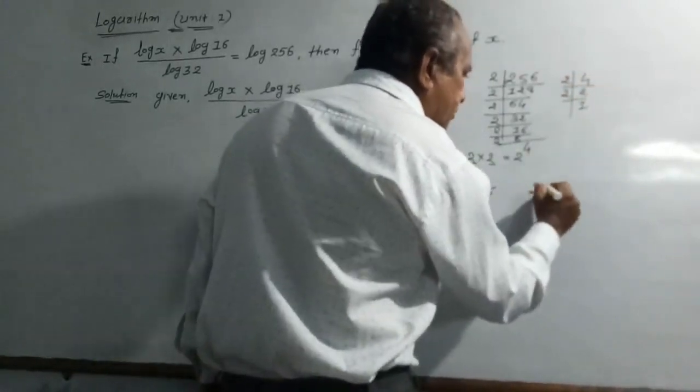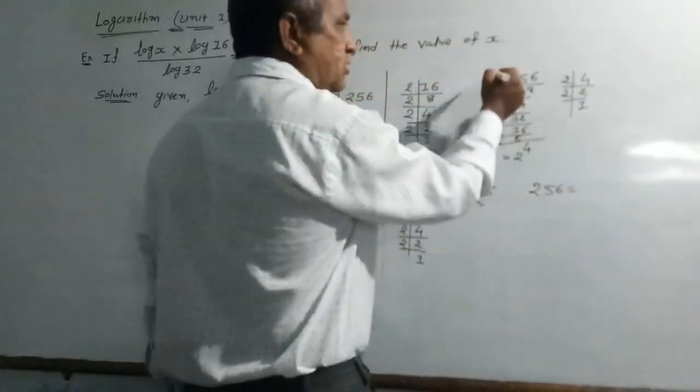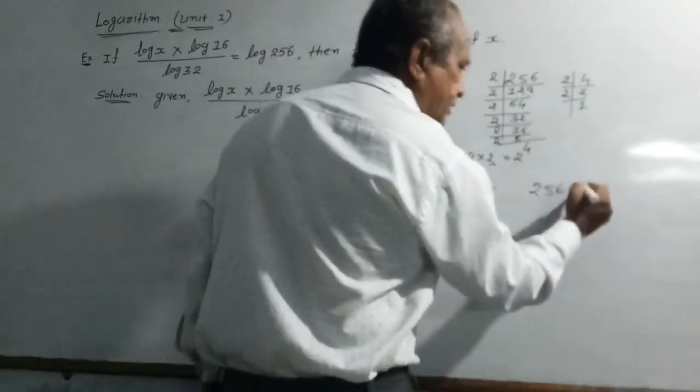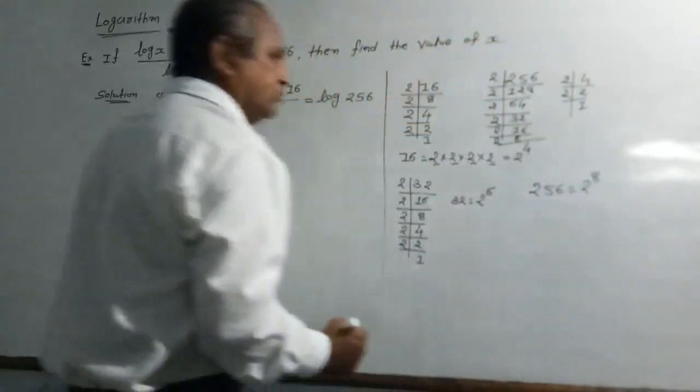Now 256 has factor 2 eight times, so 2 raised to 8.